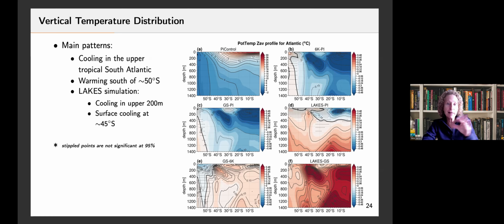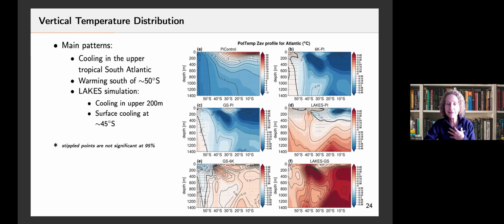And so again, panel A is what the distribution of temperatures should look like in our control run. So we have warmer temperatures closer to the tropics and the surface, colder temperatures in higher latitudes, and we see the cool water masses extend all the way down. It's almost straight down, and then you have these changes, the isopycnals are sort of inclined, the isotherms are sort of inclined.